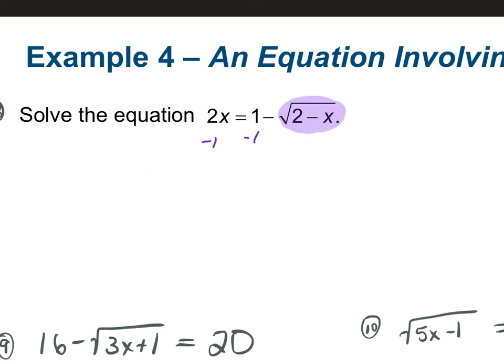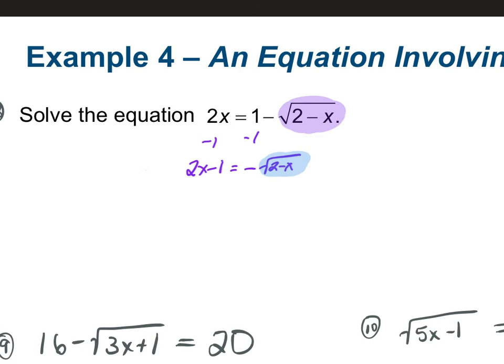So I have 2x minus 1 equals negative square root 2 minus x. Is the radical completely by itself? Look, is it completely alone, or is there something still with it? Still a negative. Still something with it.